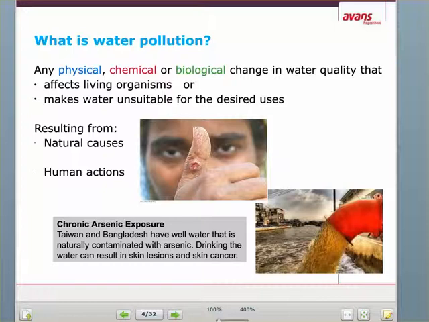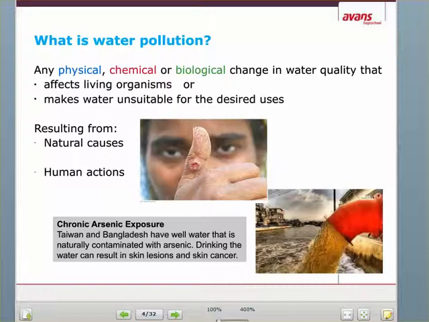This means physical pollution could be something like suspended solids. Chemicals could be lead or nickel, heavy metals, but also polychlorinated biphenyls and organic chemicals, or lastly, biological contamination. And in the example of John Snow, this was cholera.